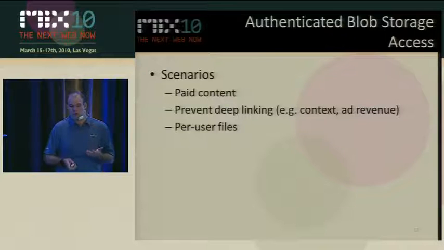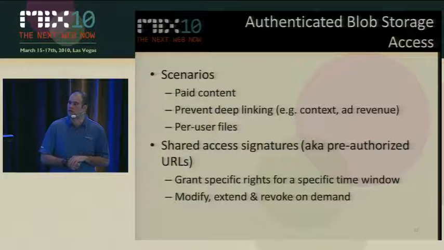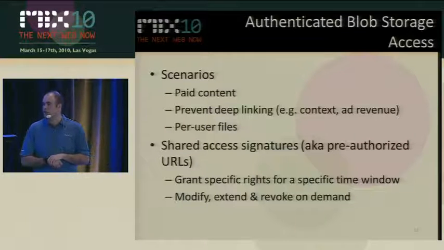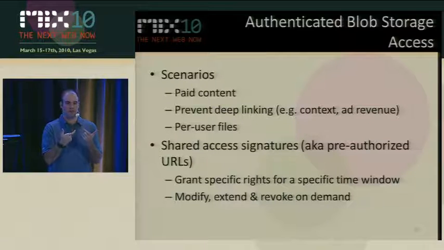So what you can do is you can use these things called shared access signatures, and you might hear these referred to as pre-authorized URLs. And what that allows you to do is, in your service, you can generate a URL and sign it with the account key associated with that storage account. And then the Windows Azure Storage Service will enforce the access policy that's been configured by you when you created that URL.